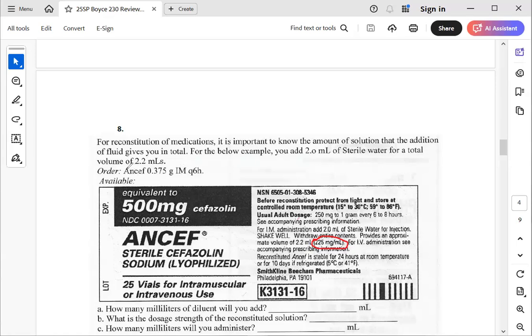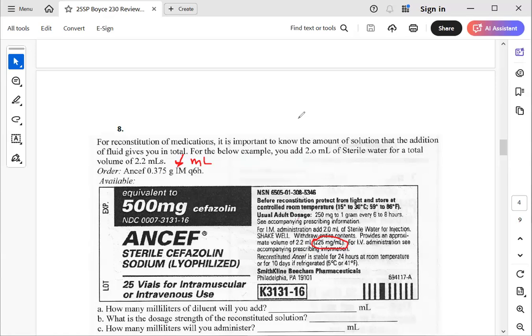For Ansef, it tells you it's intramuscular, right? So IM, that means it's going to be injected. And if it's going to be injected, it's going to be mLs. We don't inject powders. We don't inject grams. We don't inject milligrams. We inject milliliters. So it's the liquid volume.